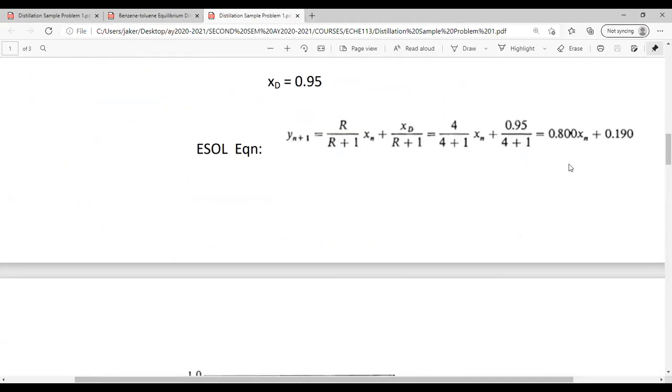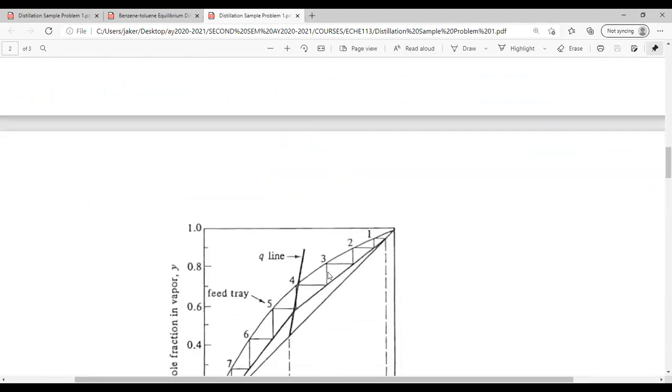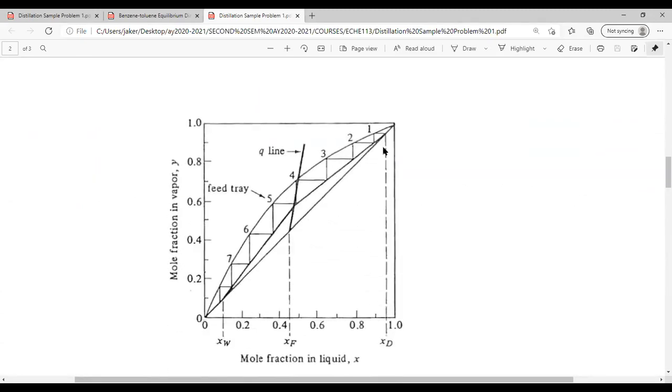That way you can have a line. So in that case, if you want the slope, this would be the 0.8 that you will be using. So you're done already with the enriching section operating line. So that particular operating line is this, okay? So you need not really connect like from here to there to here. Just simply start writing your line in this section, not the entire line.